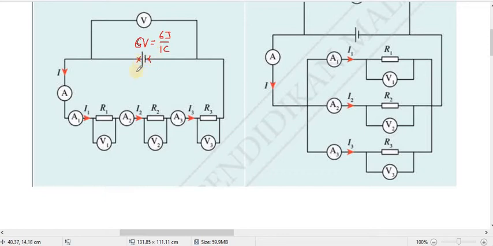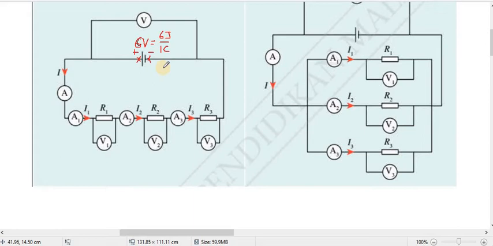So why is it that when there is 6 joule of energy, then the charge can flow? Actually, the main reason why the charge can flow is because of the difference in charge. This is positive, this is negative, right? So the positive part has strong positive charge, the negative part has strong negative charge.